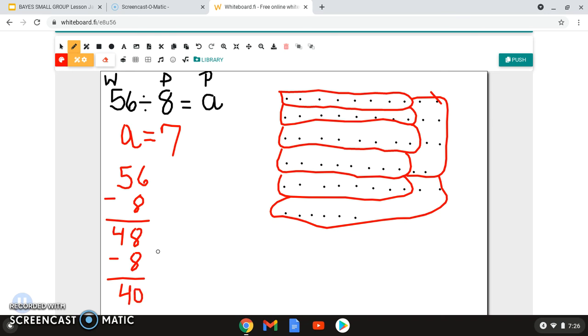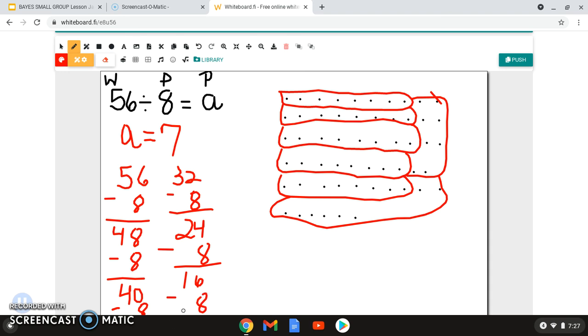I'm going to go ahead and minus 8 again, and I'm going to put the answer up here so you can still see me write. So now I have 40 minus 8 is 32, minus 8 is 24, minus 8 is 16, minus 8.